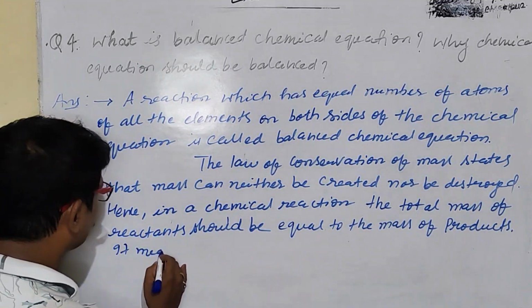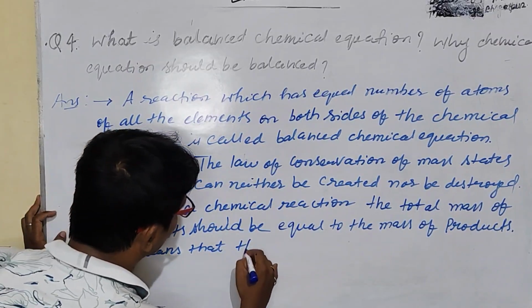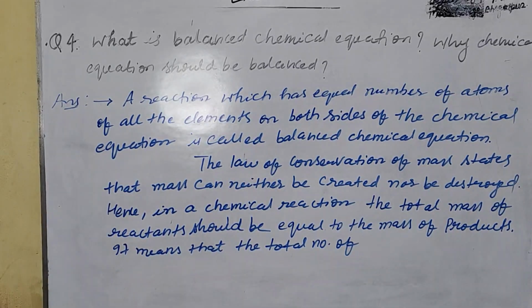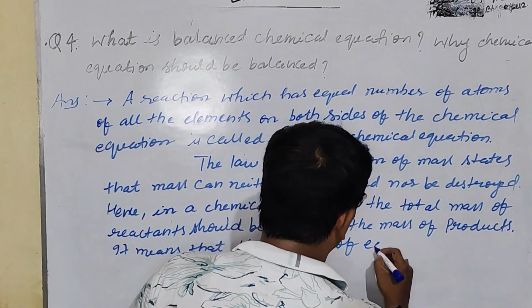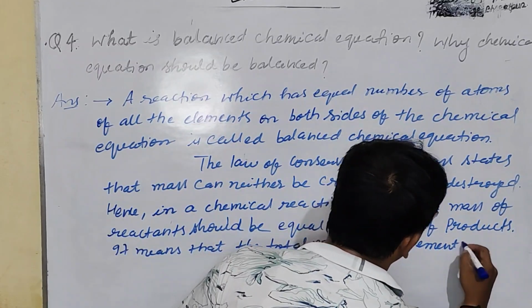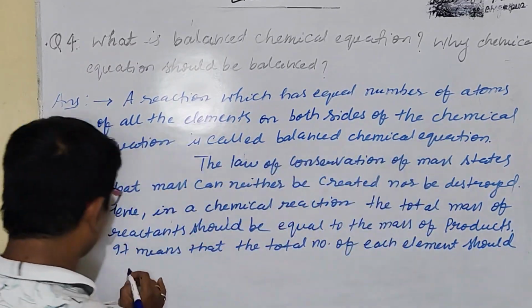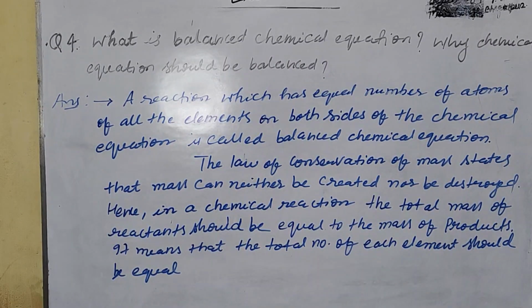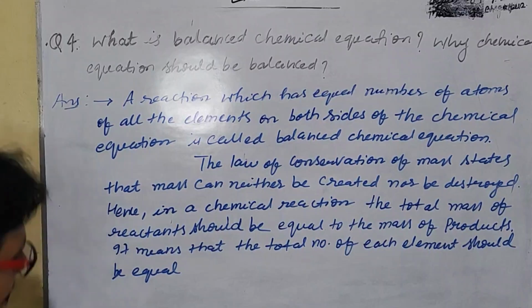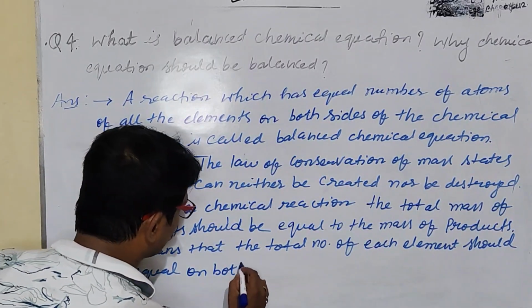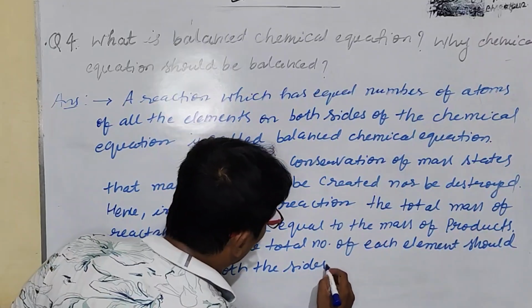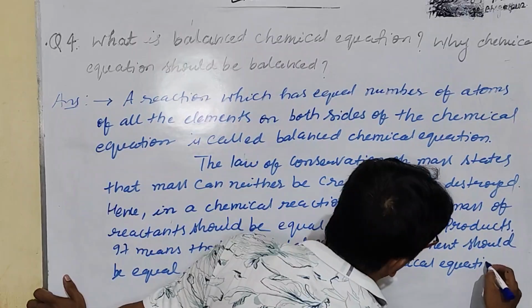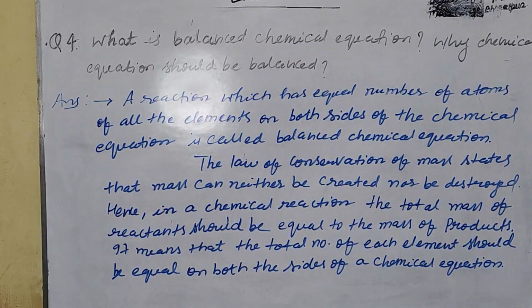It means that the total number of each element should be equal on both sides of a chemical equation.